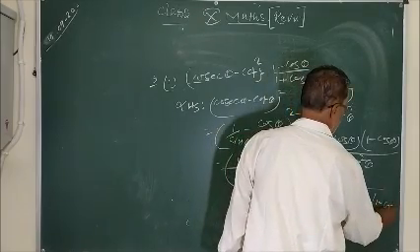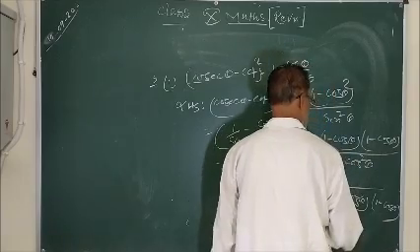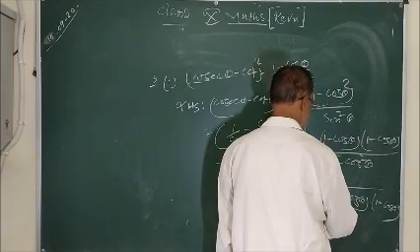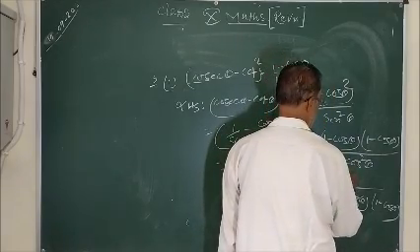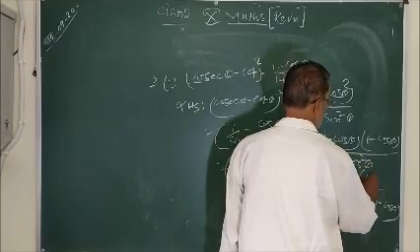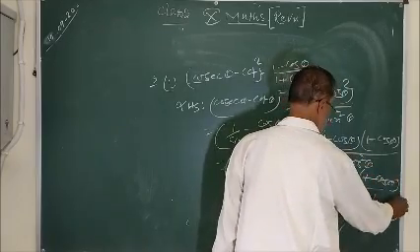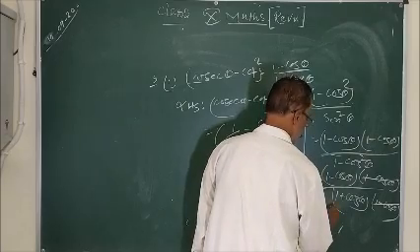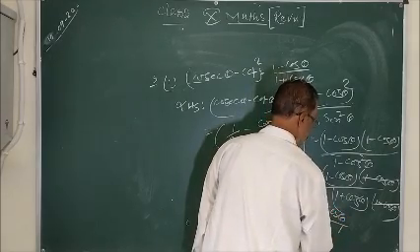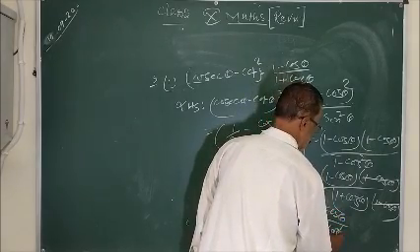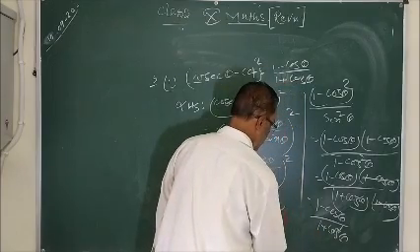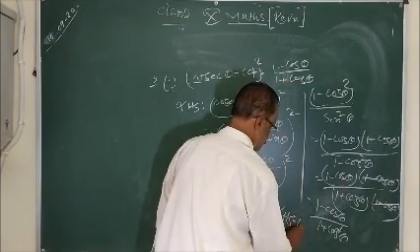Algebra. In trigonometry we also use some algebraic identity. 1 minus cos theta, and this is 1 minus cos theta, this will be cancelled. Now you are getting 1 minus cos upon 1 plus cos. And this is LHS is equal to RHS.